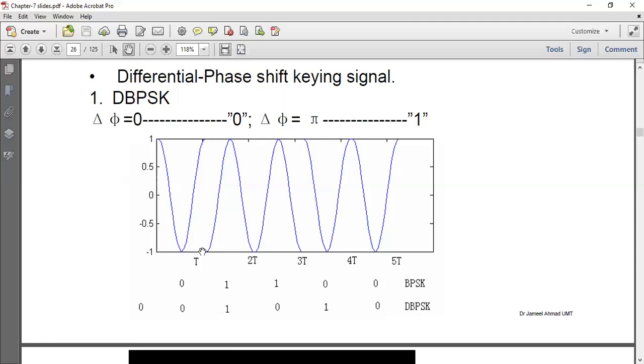You see that there is a phase difference of 180 degrees from this point to this point, so the transition is from 0 to 1. Again, from here to here, we have no phase change, so that means 1 to 0. Again, we have a 180-degree phase shift, so the transition is from 0 to 1. Again, there is no phase change, so we have 1 to 0. This is called a differential phase shift keying signal.